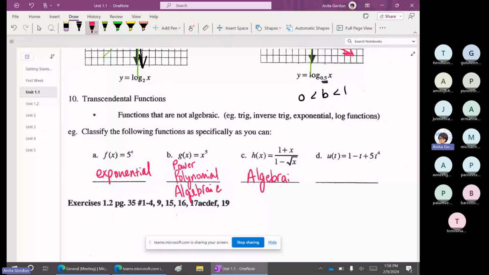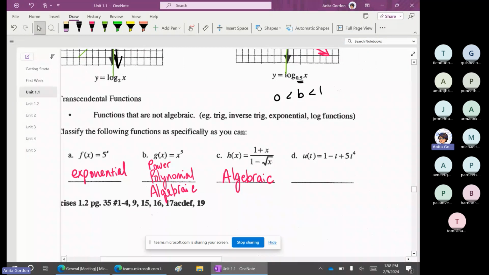Rational means there's a fraction with an x in the denominator, but no roots. Algebraic. Radical means there's a radical, but there isn't a fraction with an x in the bottom. So we're categorizing them. Okay, what about D? Polynomial. Yep. Could it be anything else? Power and algebraic. Yep.